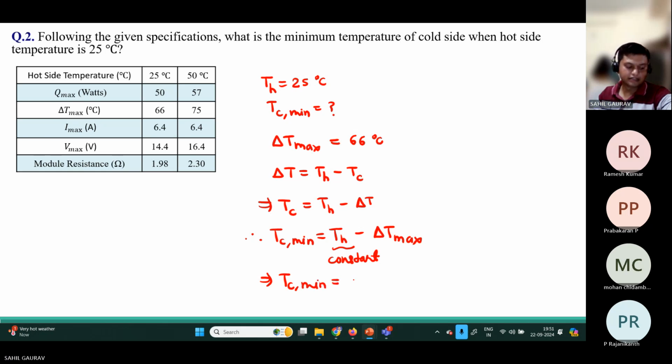Th is 25 degrees Celsius, delta T max is 66 degrees Celsius. So the cold temperature will be minus 41 degrees Celsius.